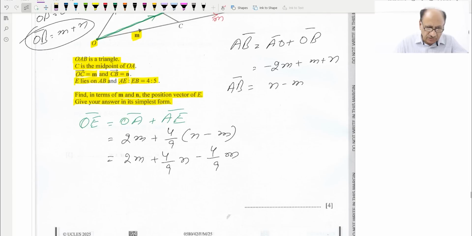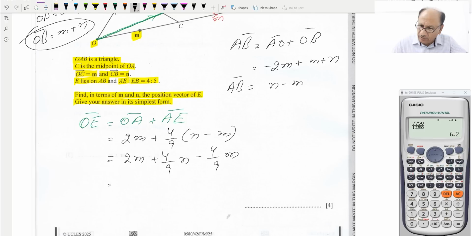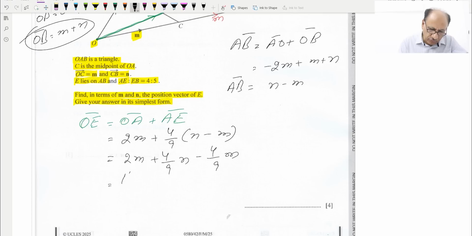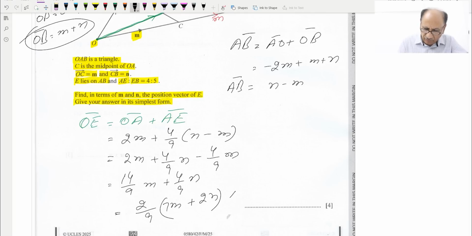Further we can simplify 2 minus 4 by 9, and this will give us 14 by 9. So 14 by 9 m plus 4 by 9 n, and we can take 2 by 9 common, and inside will be 7m plus 2n. This will be our final answer for 4 marks.